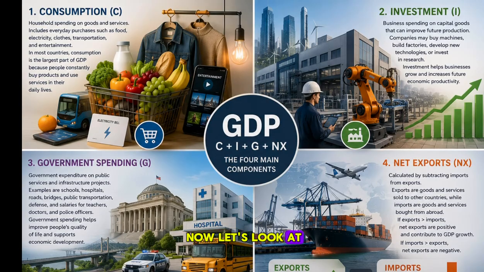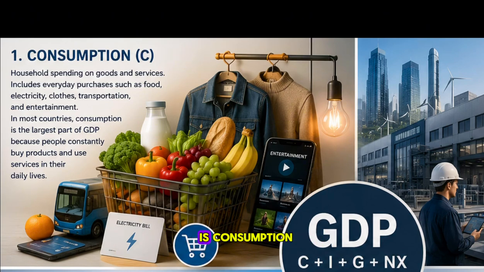Now let's look at the four main components of GDP. The first component is consumption, also called C. Consumption refers to household spending on goods and services. This includes everyday purchases such as food, electricity, clothes, transportation, and entertainment.